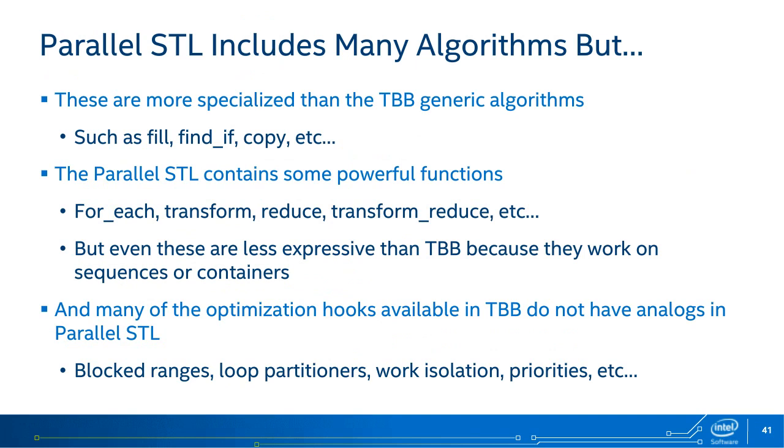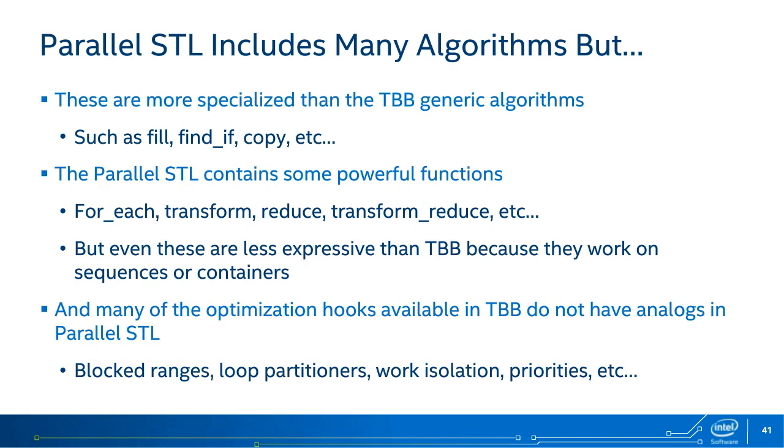Now, Parallel STL includes many algorithms, but these are more specialized than the TBB generic algorithms. Often they're doing a particular kind of thing, like a fill, a find_if, a copy, something that's doing some very specific kind of work.